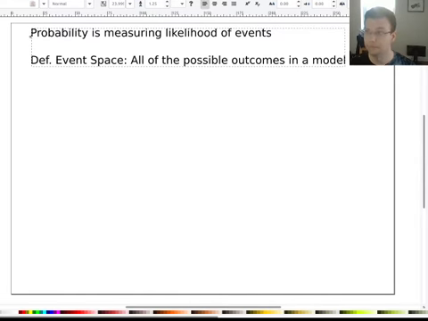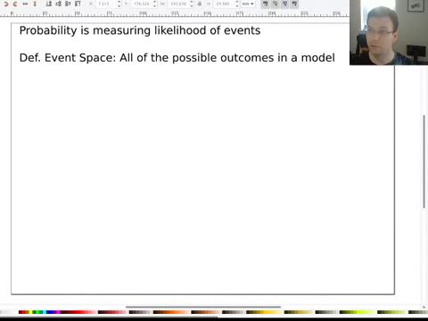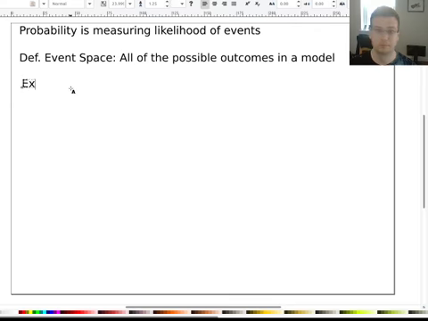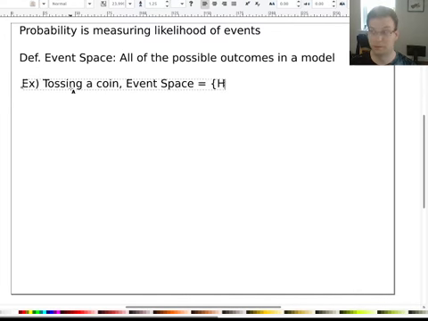So as the very simplest example, let's say that we are tossing a coin. In our model, our event space is, well, it either comes up as a heads or a tails.